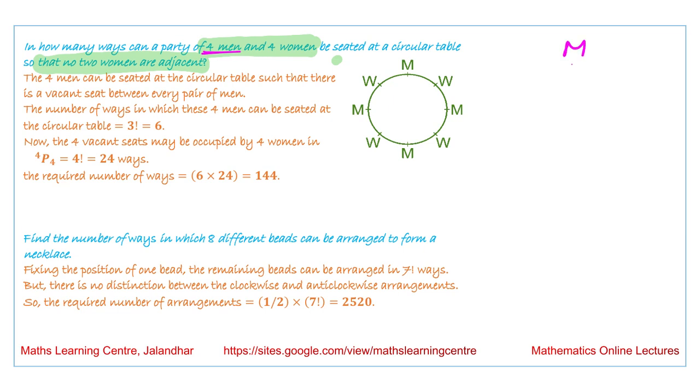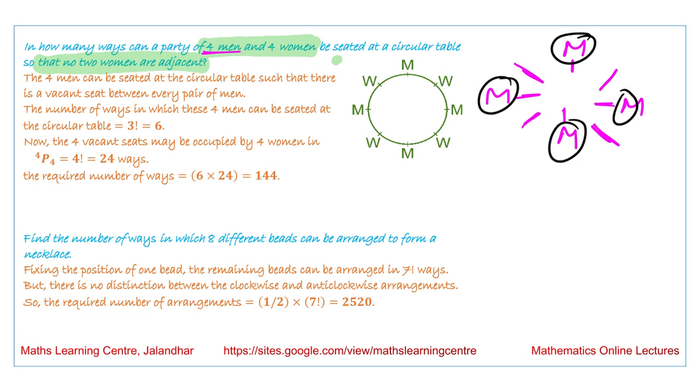The first man is at this place, then a vacant seat, then another man, then a vacant seat, then another man, then a vacant seat, then another man, and then a vacant seat. In how many ways can these 4 men be arranged? Since it is a circular arrangement, they can be arranged in 3 factorial ways.